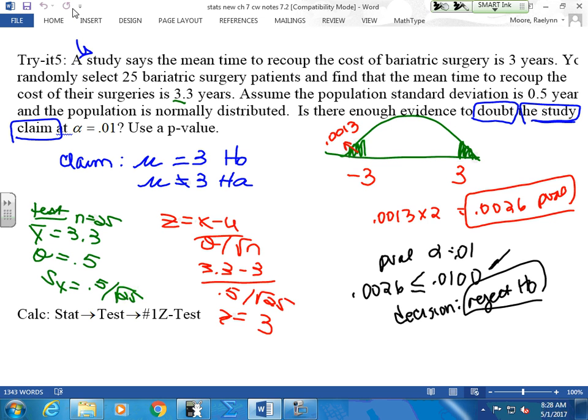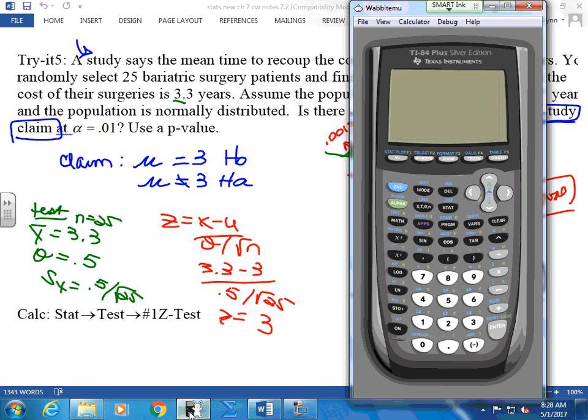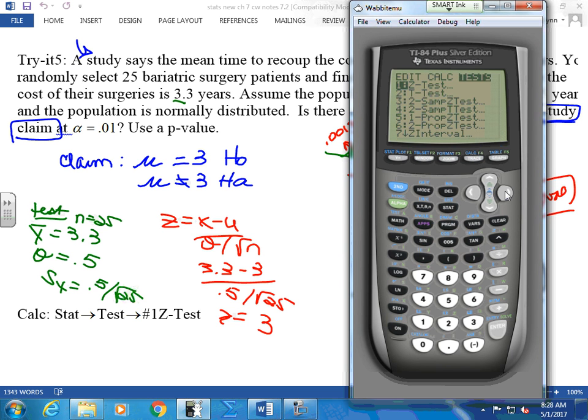And your calculator, again, the calculator is nice if you want to use it. Stat, Test. Z-Test is sitting right there. Your mean comes from your population. That's what's in your statement here. That's got to come from your H0 or your HA. Your standard deviation, that's my 0.5. Your calculator will calculate and divide by this.